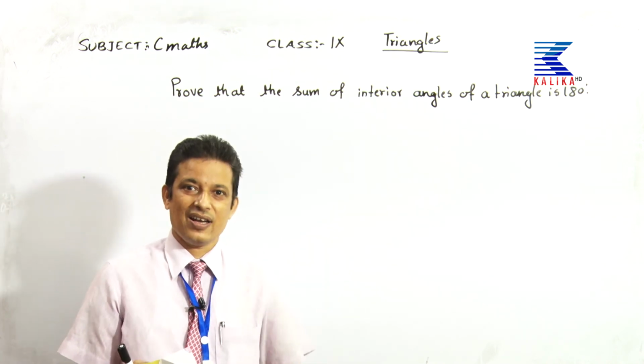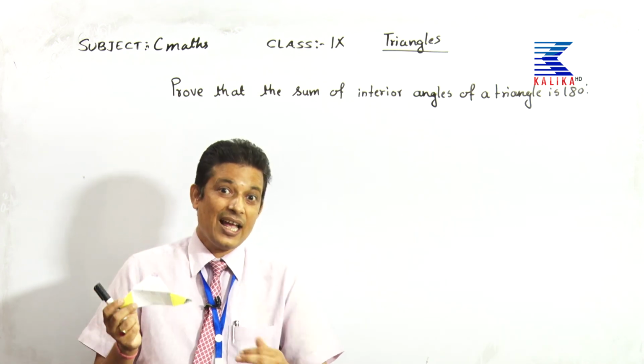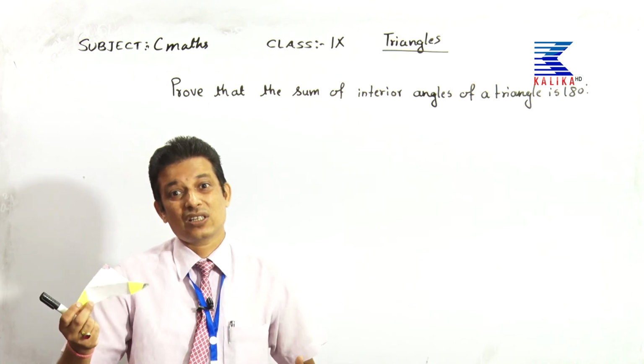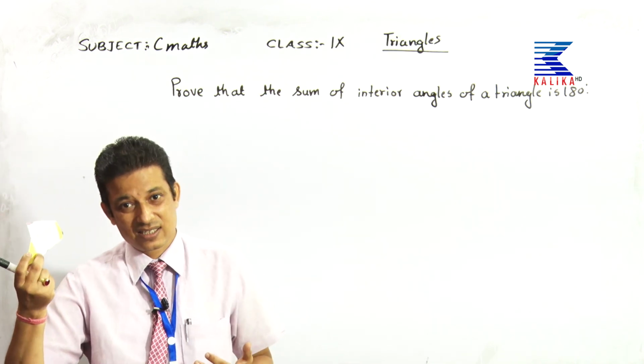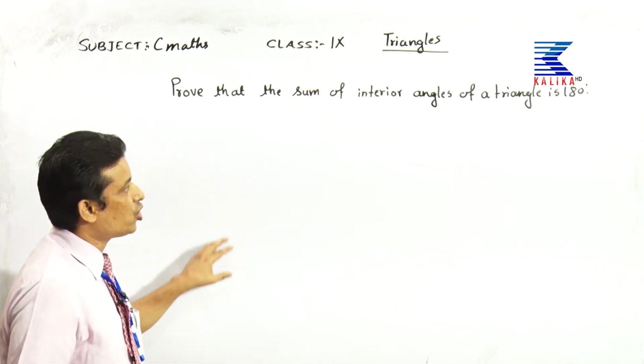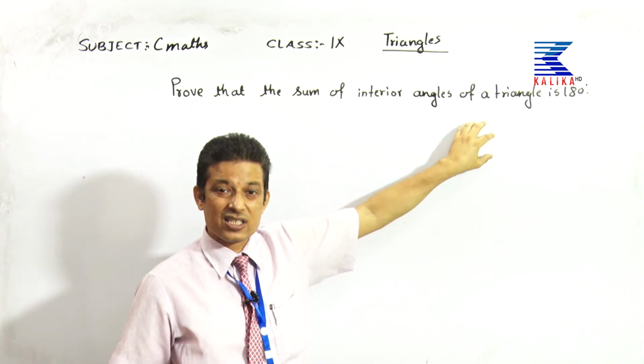And now, that it is verified practically, theoretically we need to prove. These were the practical tasks, but now we are going to prove theoretically that the sum of interior angles of a triangle is 180 degree.